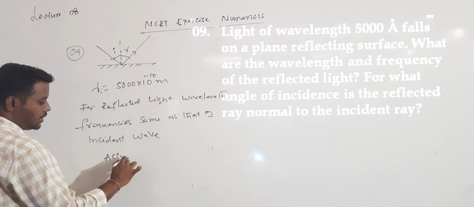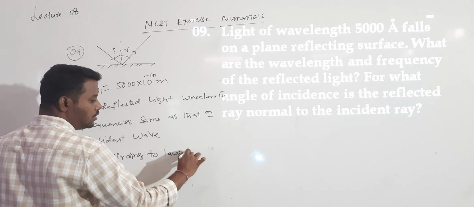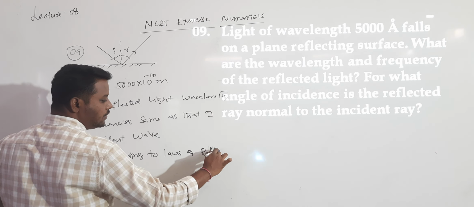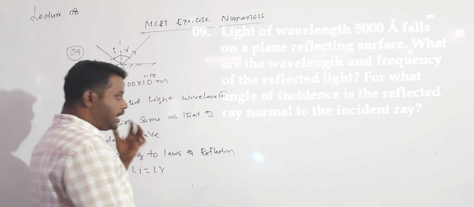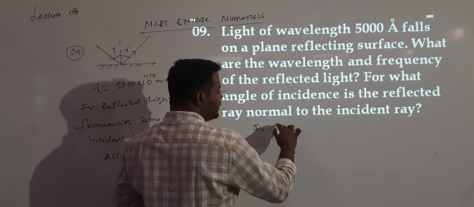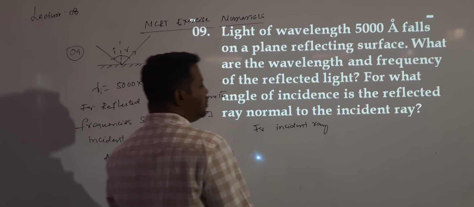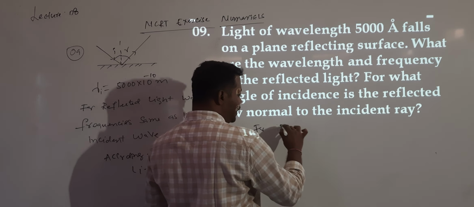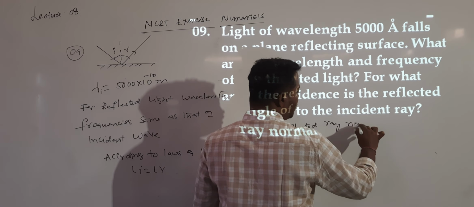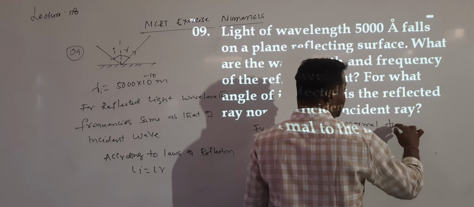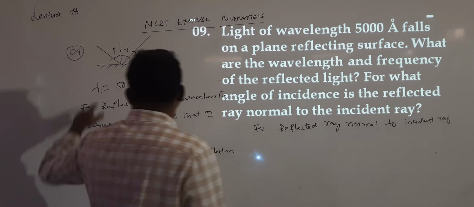Actually, according to the laws of reflection, what do the laws of reflection tell us? That angle I value is equal to angle R. Now here what they are asking is for the reflected ray normal to, normal means perpendicular, normal to the incident ray. What is the condition? These both are perpendicular.